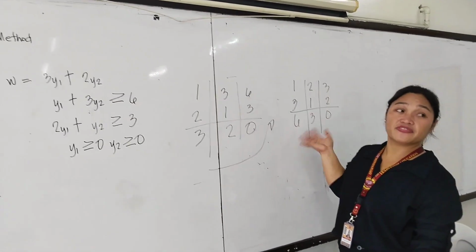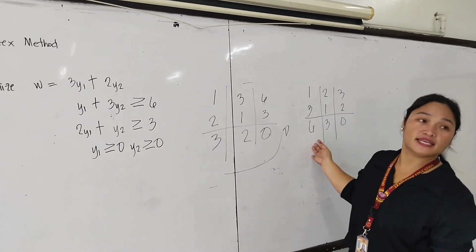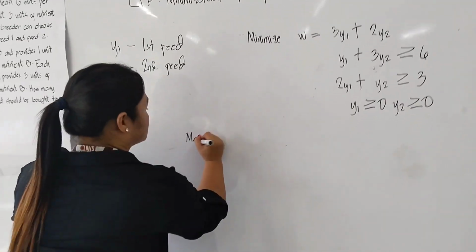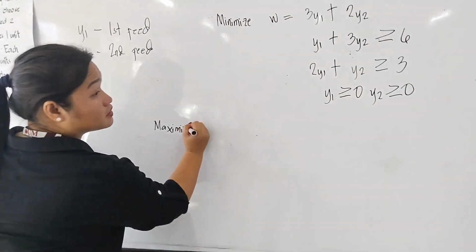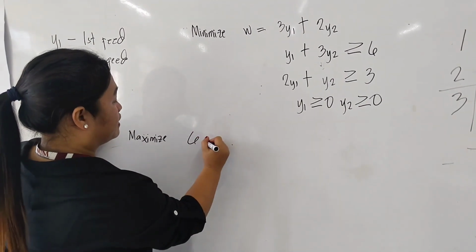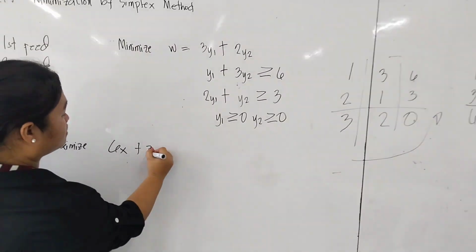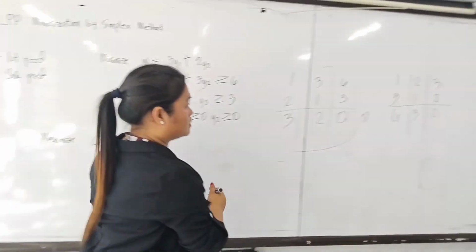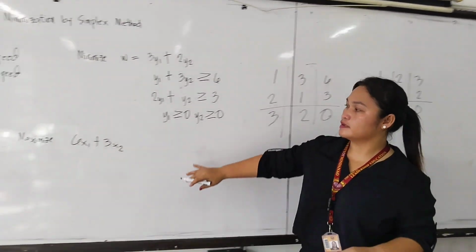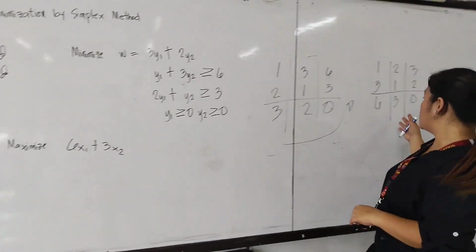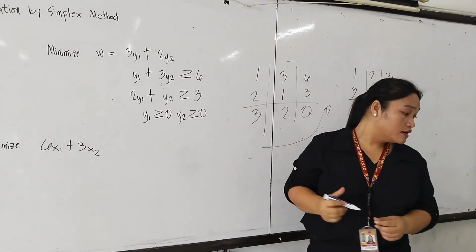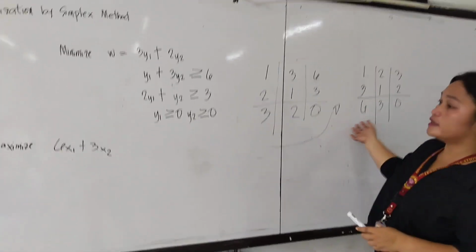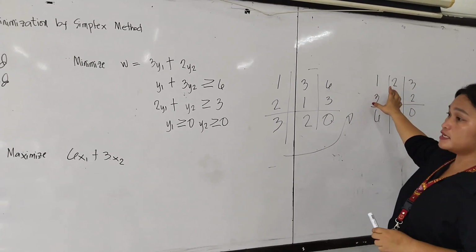After we get this matrix, we can now transform it into a maximization problem. Maximize Z equals 6x1 plus 3x2. This is the maximization based on our matrix. Then we need to find our constraints based on this matrix.